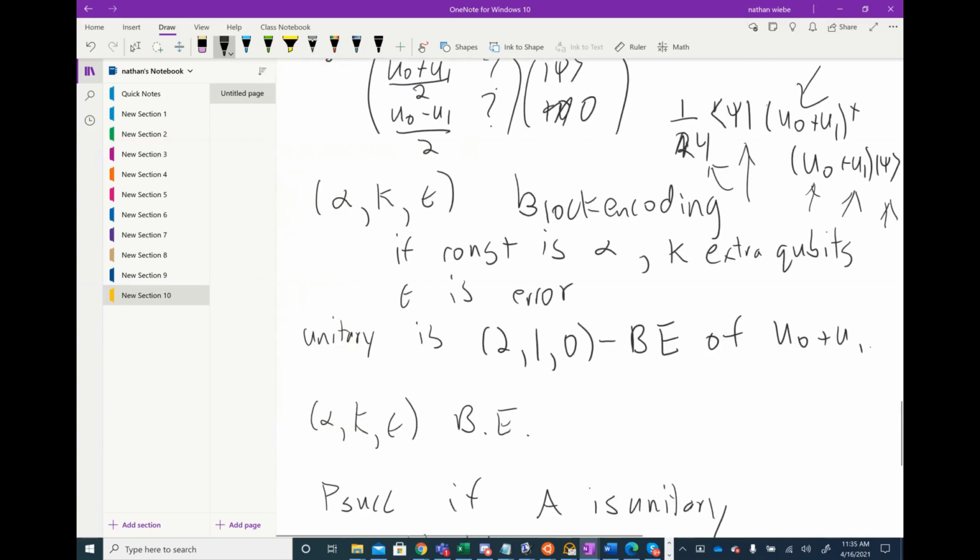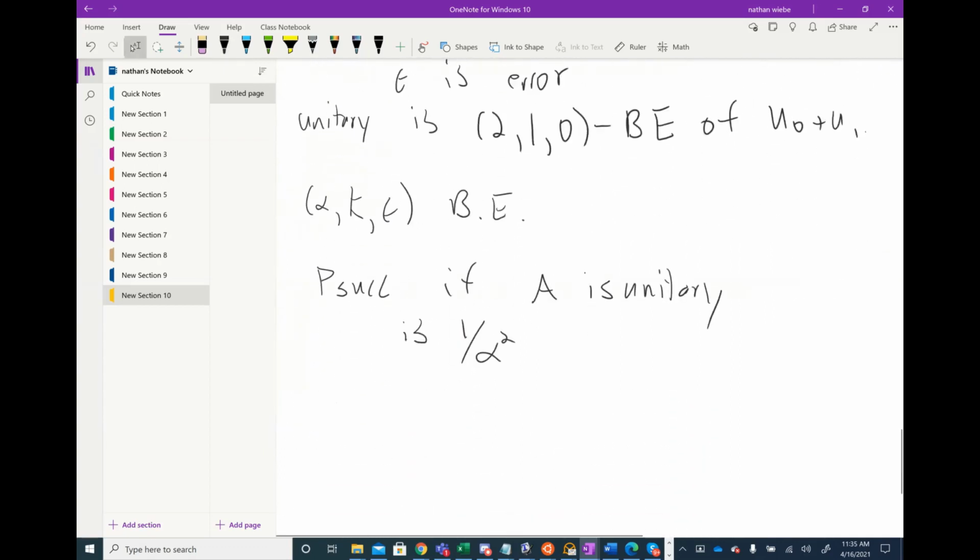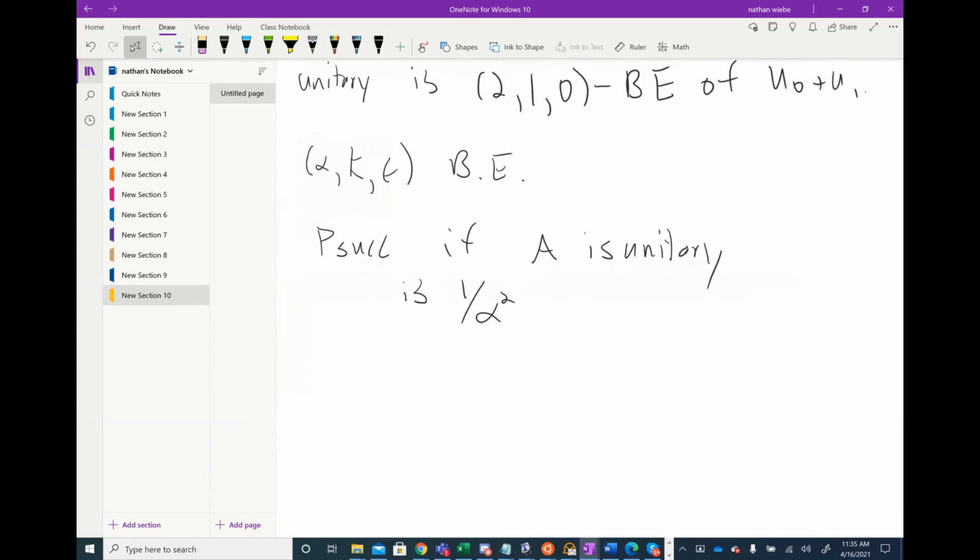Okay, so we have one more question. Is block encoding similar to basis encoding? It's a little bit different, because if I'm understanding what you mean by basis encoding, it's just picking a particular basis to represent the problem.